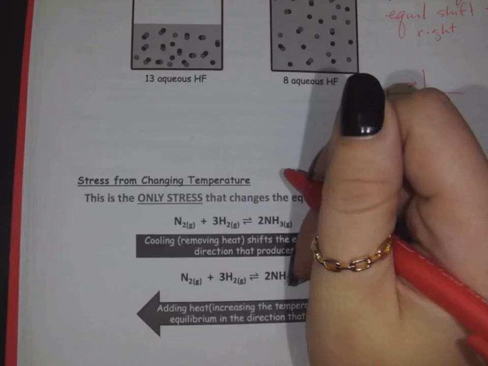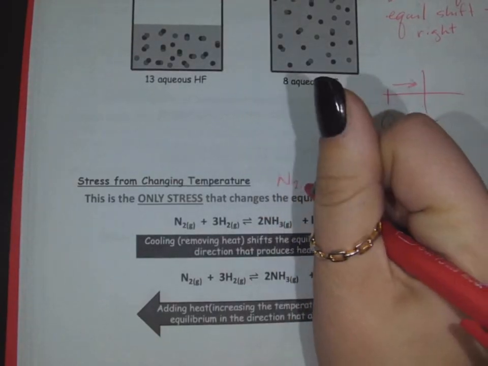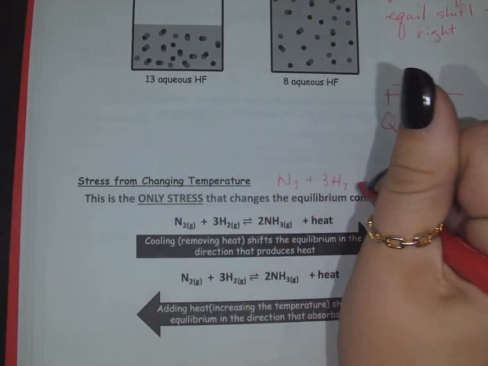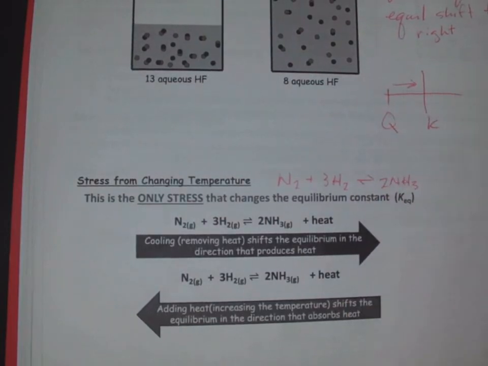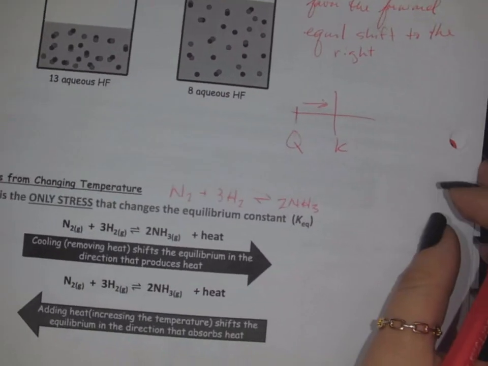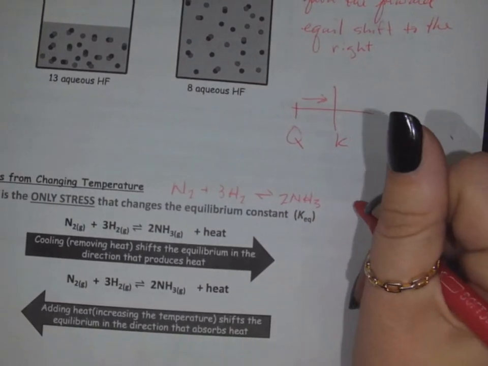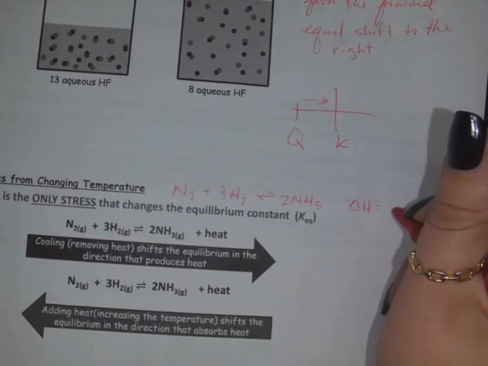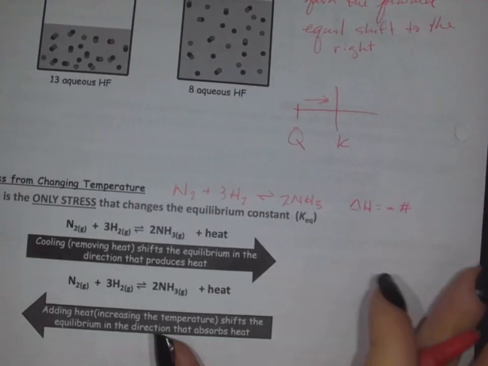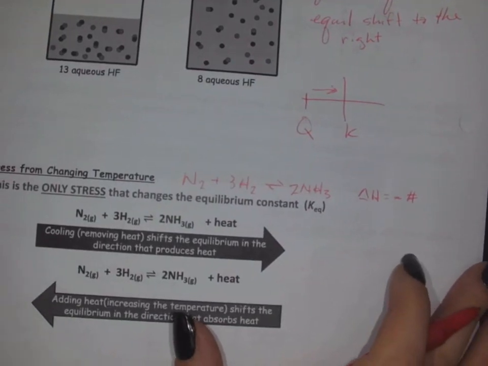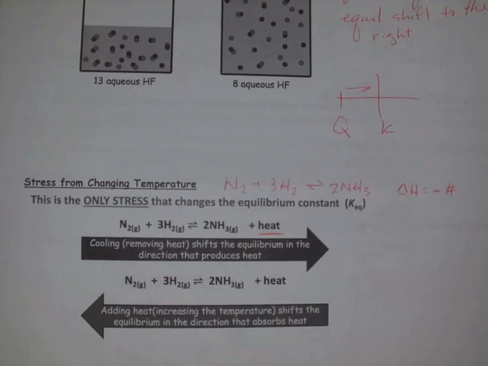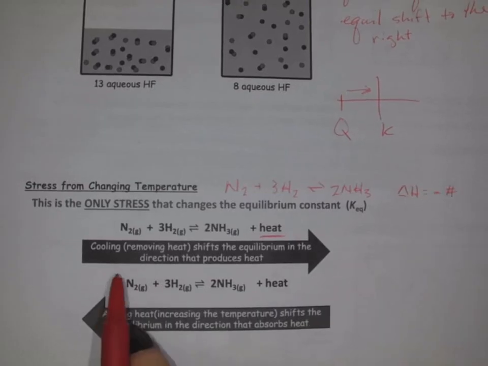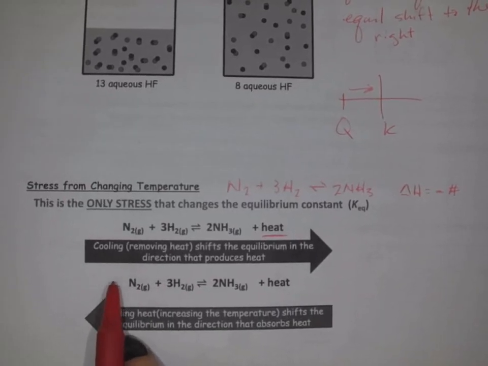So this N2 plus 3H2 results in 2NH3. The way this is written, I can tell that it's exothermic, that its delta H is some negative number. The reason I know that is because they added heat on the product side. If it was endothermic, if delta H was a positive number, then heat would have gone on the reactant side.